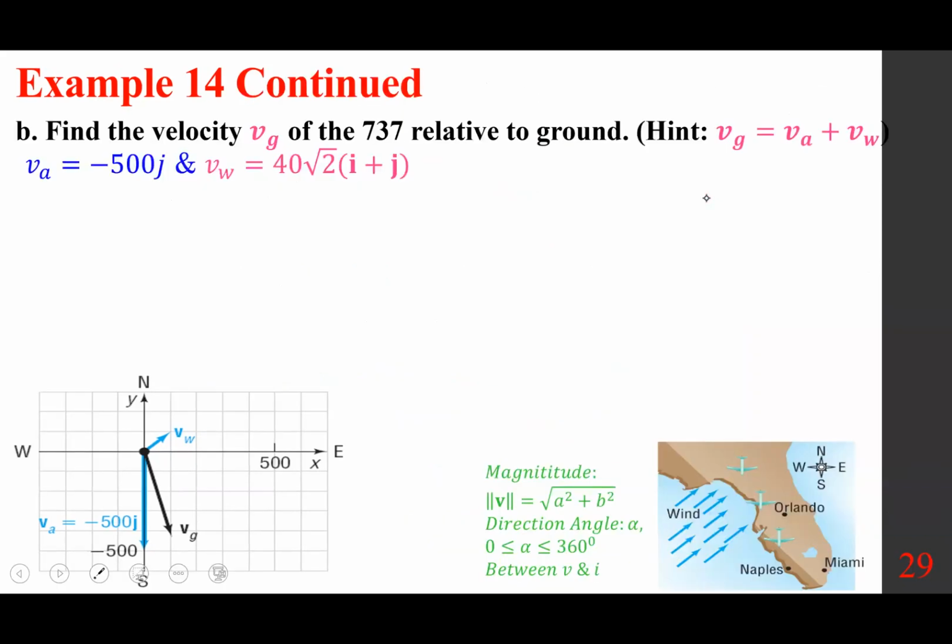Part B is asking to find the velocity of the 737 relative to the ground. That means basically add them up. We already have V sub A as minus 500 J, and V sub W as 40 square root of 2 times I plus J. So all we have to do is add them up, component wise.